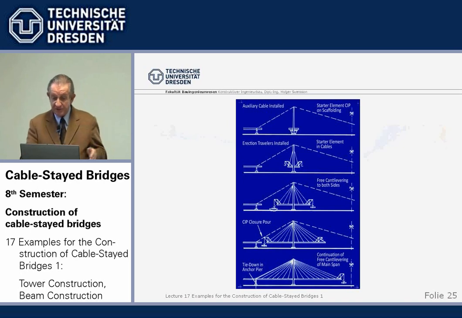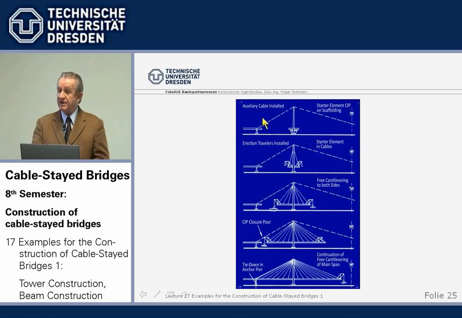Because we have these heavy weights of, say, 300 tons, and if we free cantilever symmetric to the tower, we have overhang 300 tons with some 150 meter lever arm, and the tower may not be able to take that.